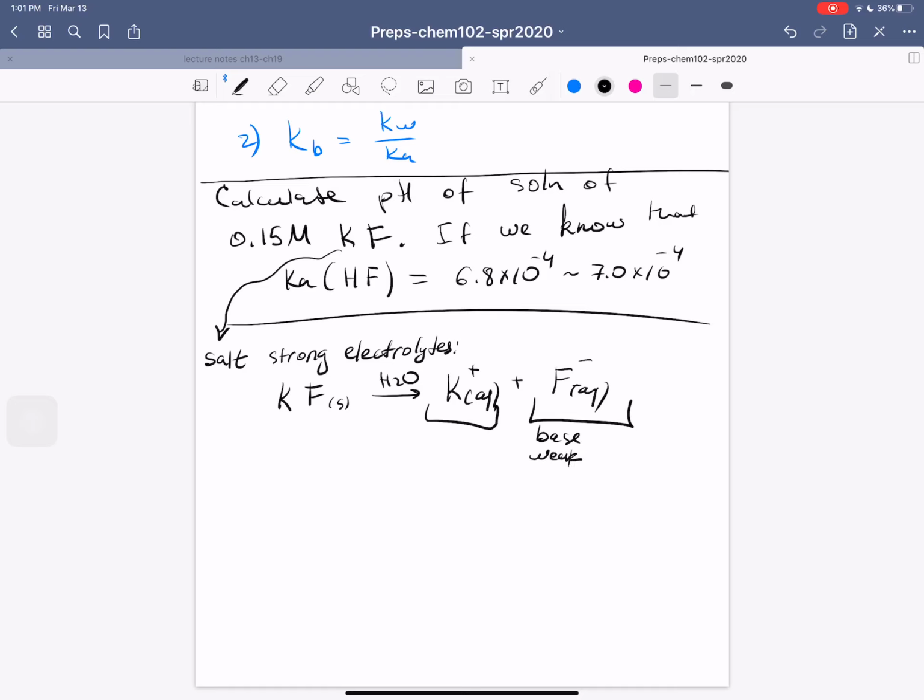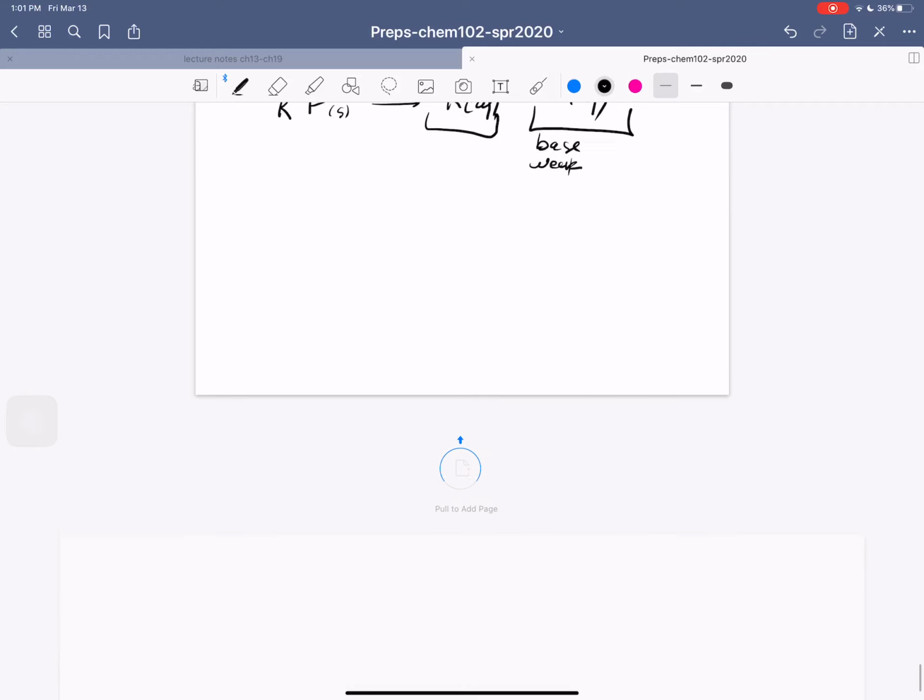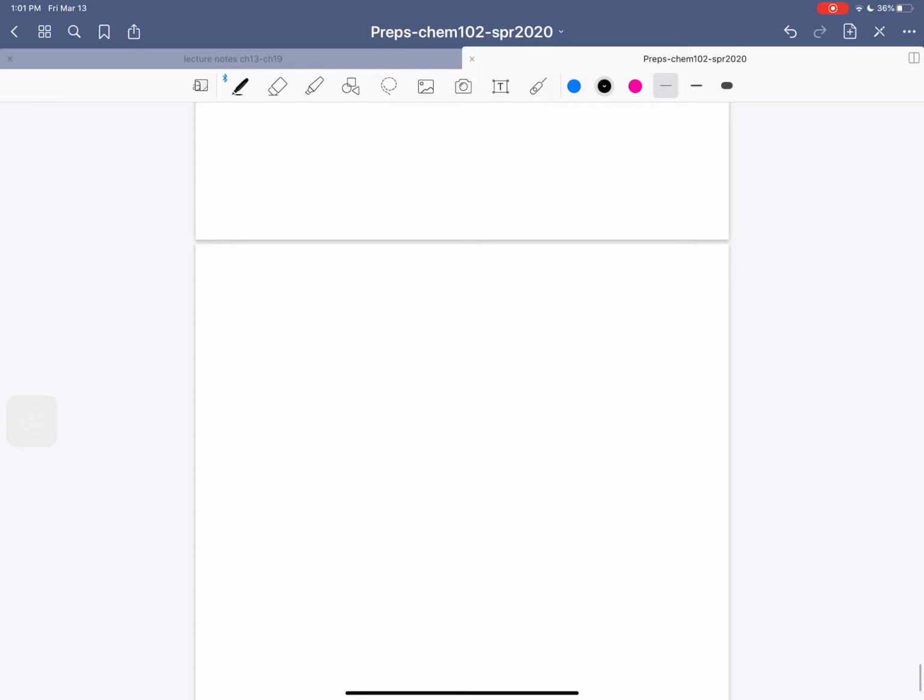with the water. So what does it mean? It means that, and let me take you to the next page, the fluoride ion in the aqueous solution will react with the water and act as the base, meaning that it will abstract a proton from the water and we'll get hydrofluoric acid and OH minus.